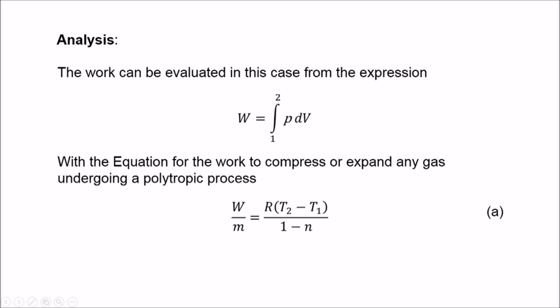W over m equals R times (T sub 2 minus T sub 1) divided by (1 minus n), an expression which is valid as long as n does not equal 1. In our case, n is given to be 1.3 or k, the ratio of specific heats for air, and the equation does apply. We'll denote this expression by equation A for later use.